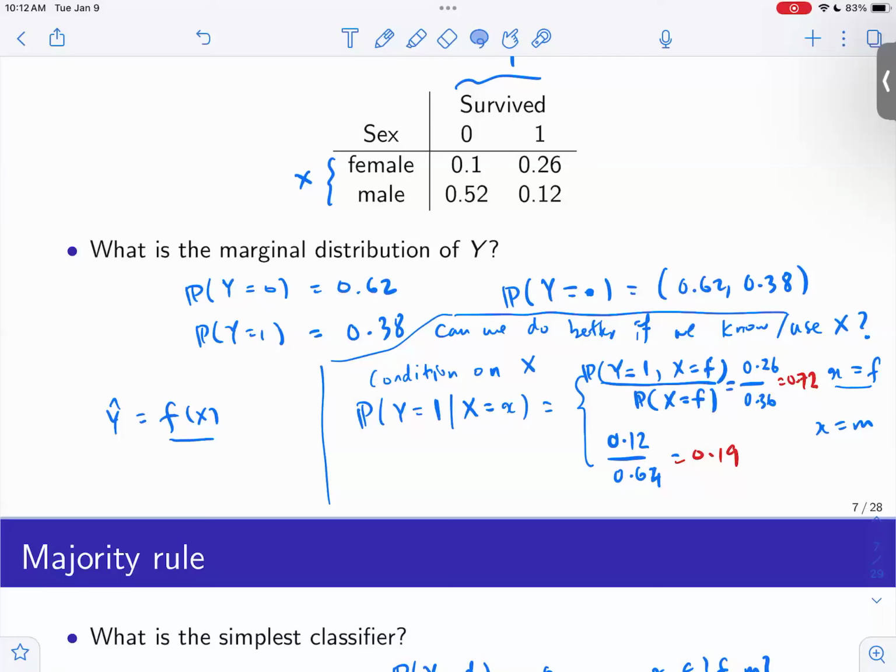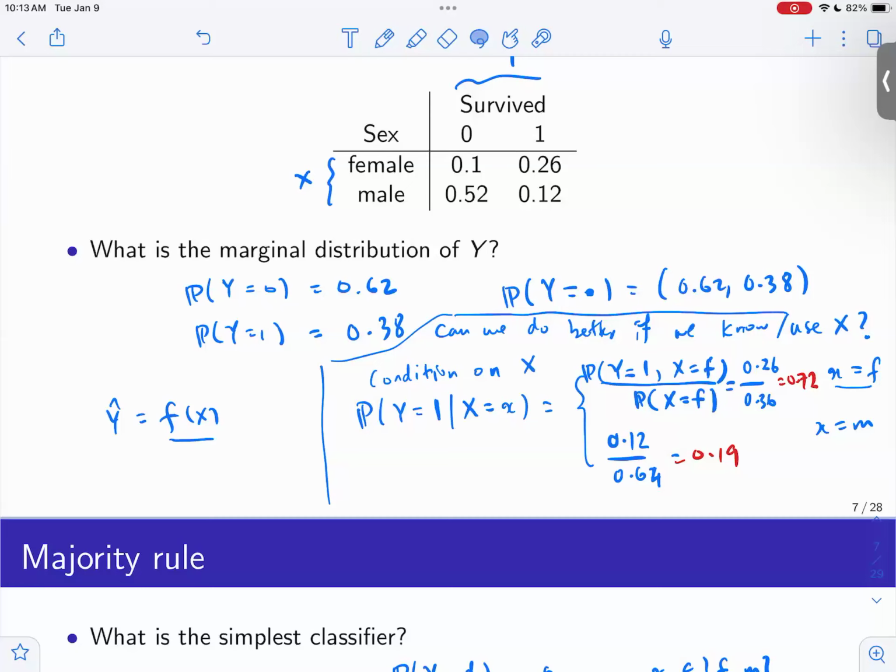What would be my classification in this case? What should I predict Y to be? Majority, yeah.